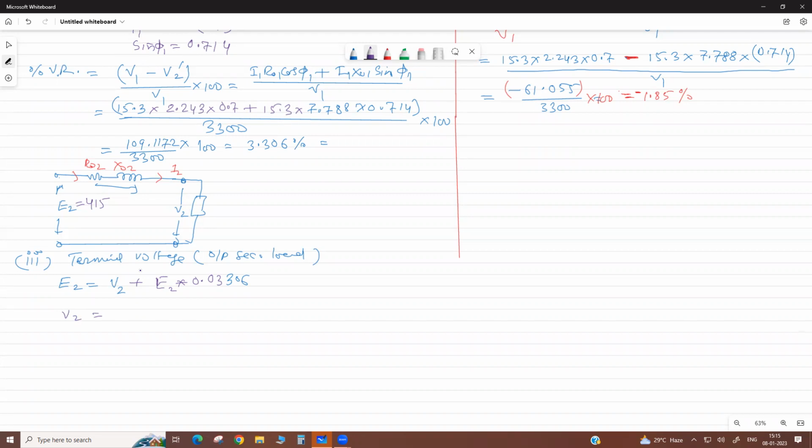This V2 here is E2 minus E2 into the percentage drop.